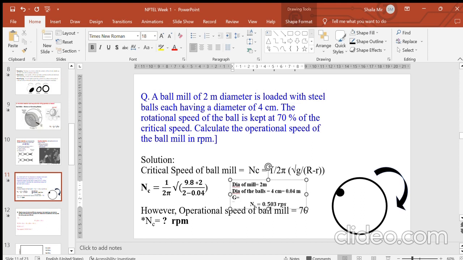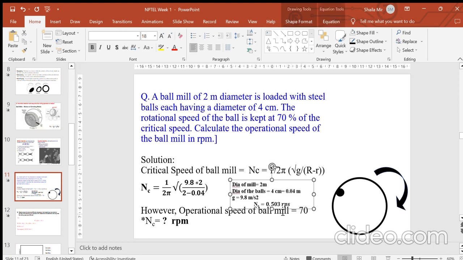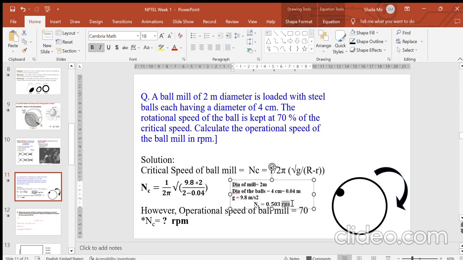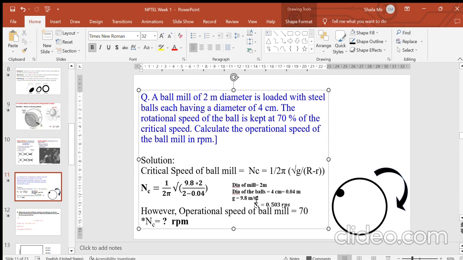Now we put the values in the equation, which is N_c equal to 1 by 2 pi under root of g over (R minus r). Remember the small g is equal to 9.8 meter per second square.